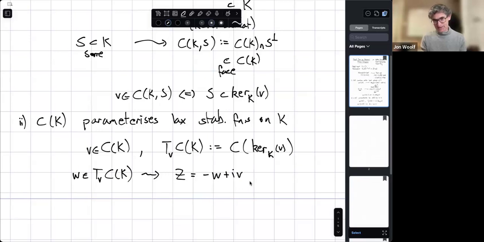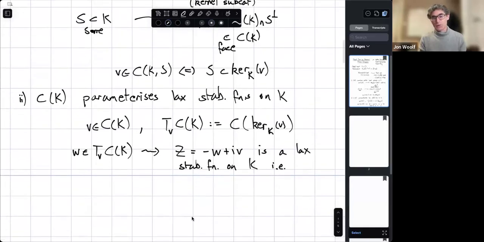And the point is, this is actually a stability function, or at least a lax stability function on K. By that, I just mean that this maps all the elements of K into the strict upper half plane or possibly to the origin in C. So they're either in the strict upper half plane, the strictly negative real axis, or possibly at the origin. The lax here means that we're allowed to map things to the origin.